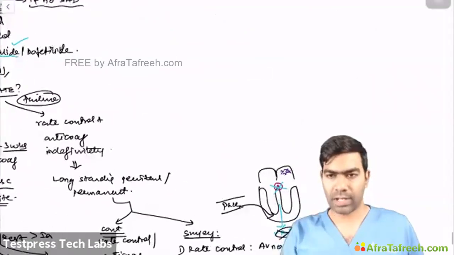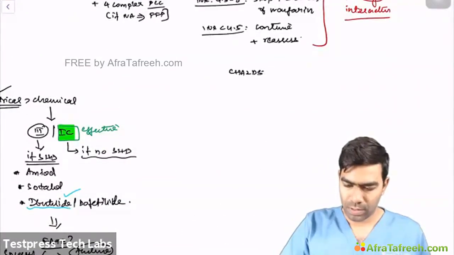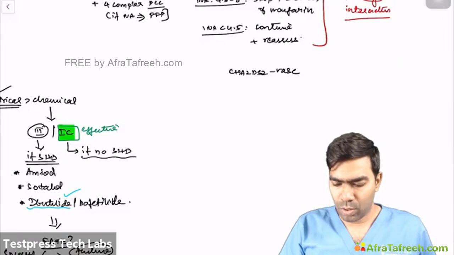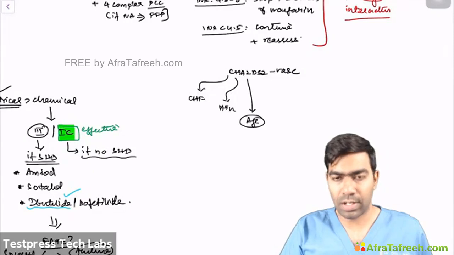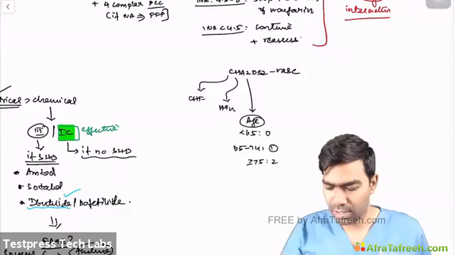People are asking about the CHA2DS2-VASc score. C stands for CHF, and H stands for hypertension. A stands for age: less than 65 means 0 points, 65 to 74 carries 1 point, and anything 75 or more carries 2 points.